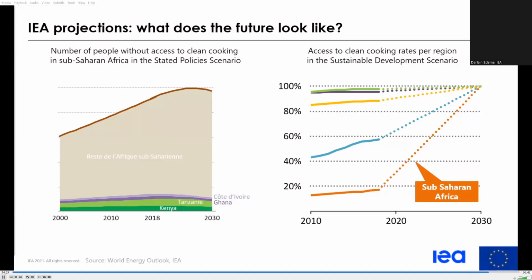However, in the sustainable development scenario, where we achieve full access by 2030, we see that Sub-Saharan Africa, which in 2010 had less than 20% access to clean cooking, will reach full access by 2030. But how is this done?